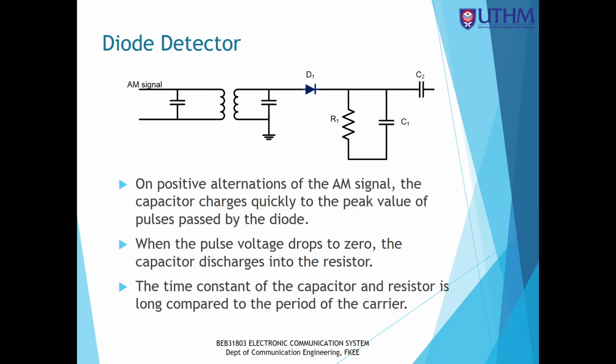Again, in the modulators topic, you have seen about the diode modulator and also the transistor modulator. So in the receiver part, we will also see the diode detector and also the transistor detector.